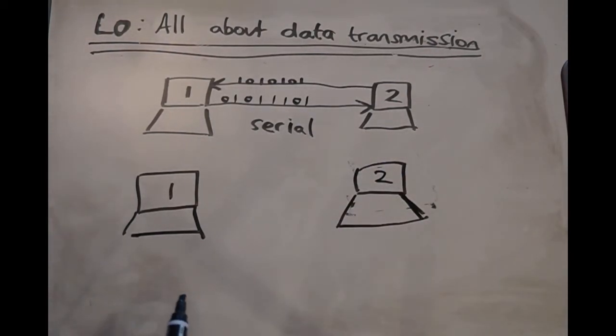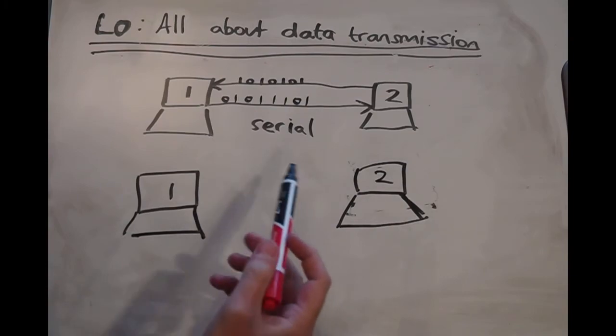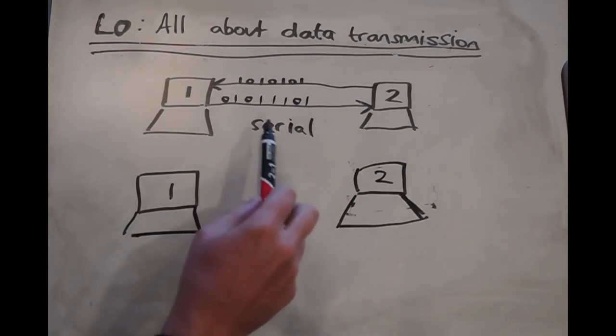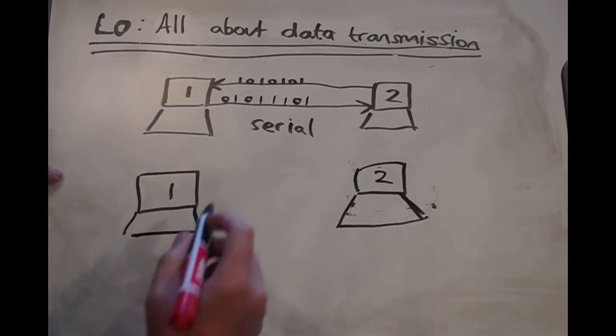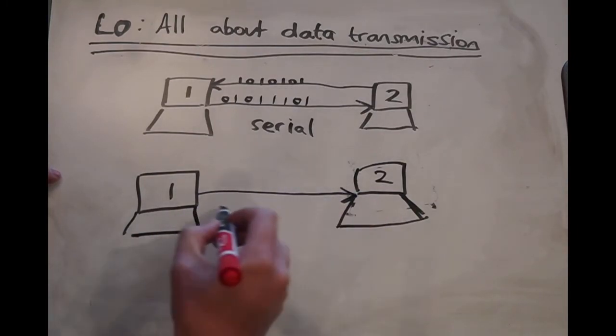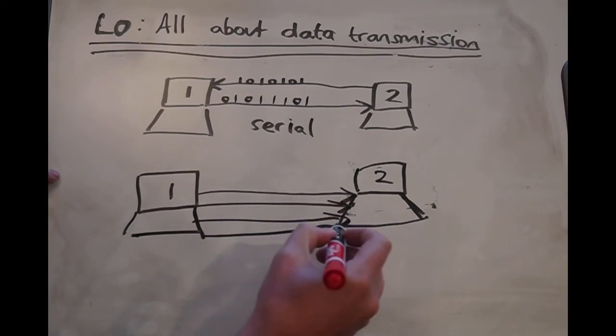So how else could we allow them to transmit? Maybe we could have multiple wires. Rather than the data traveling sequentially, like in our serial data transmission, maybe we could have multiple bits traveling at the same time. So I could create 1, 2, 3, 4.